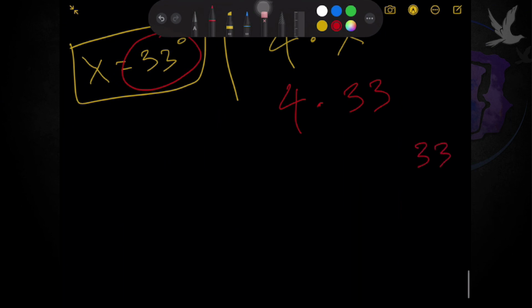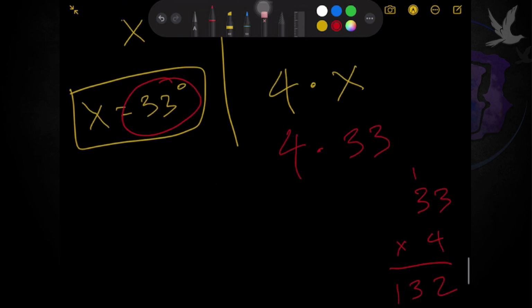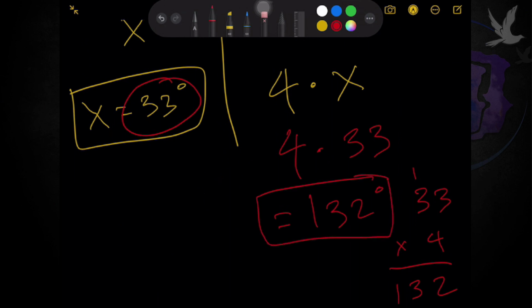So doing so, 33 times 4, 4 times 3 will give you 12, 4 times 3 will give you also 12, plus 1 is 132 all in all. Okay? So, which means the value of your 4x here is 132 degrees.